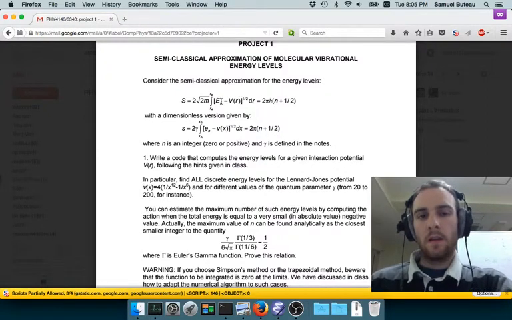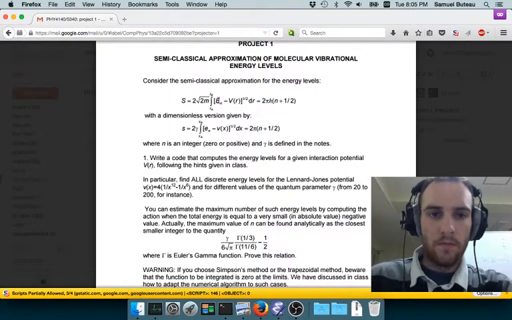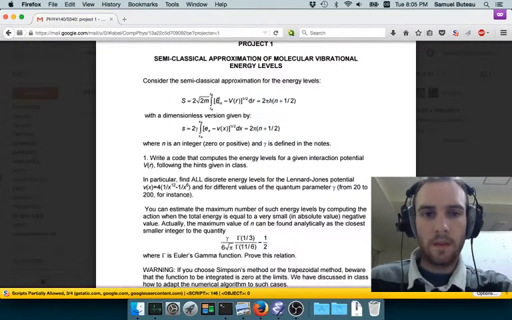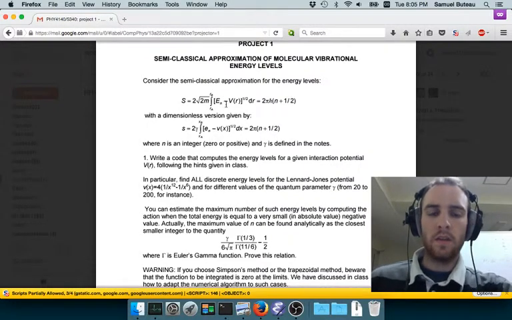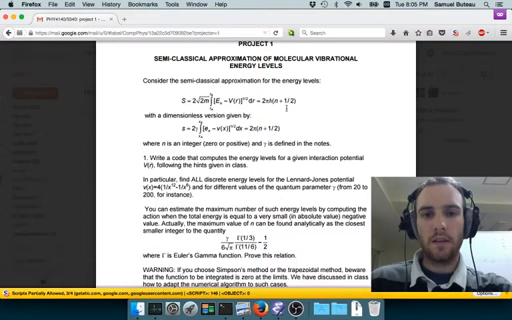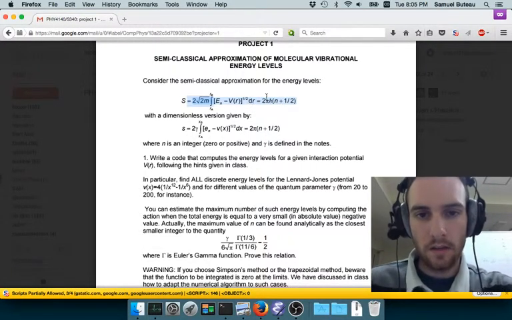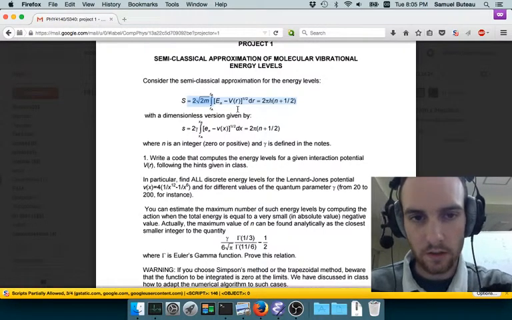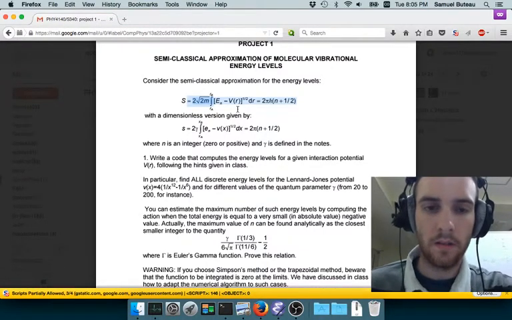So if you're given a certain value for the total energy, you can find the correct values of R for which this is 0, which give you RA and RB, and then you can do the integral, right? So you get a number, and you can compare that number to this, or you can put this on the other side and compare the subtraction of these two things to 0.